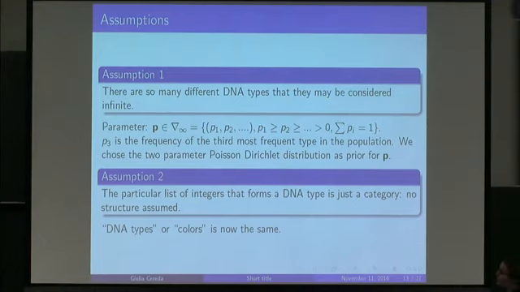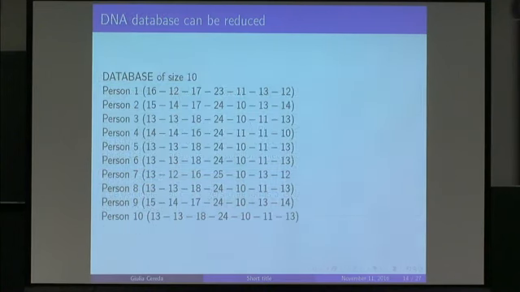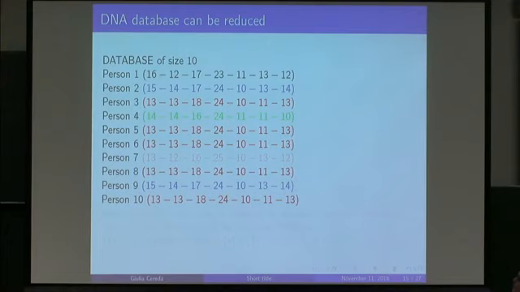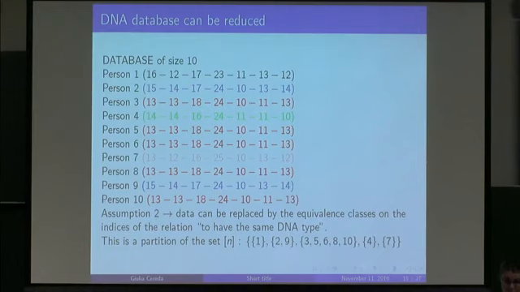This assumption is important because it allows me to treat my database, which contains lists of YSTR alleles, by just throwing away all this information inside the list and considering only the colors, like what is equal to what and what is different from what. It means that my database can actually be reduced to a partition.